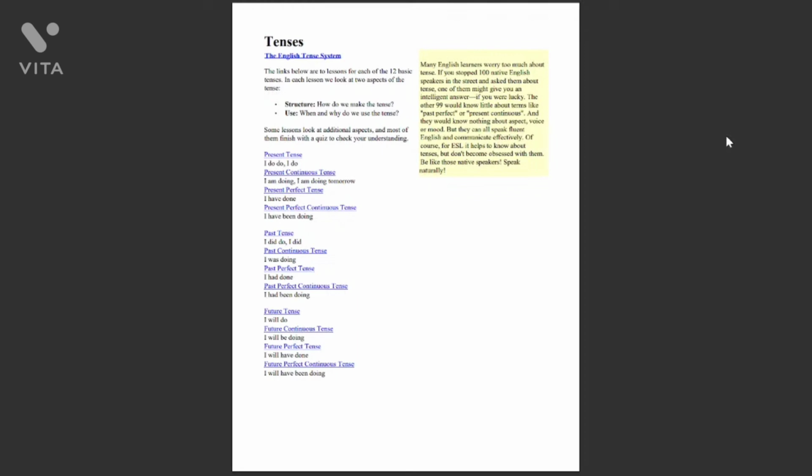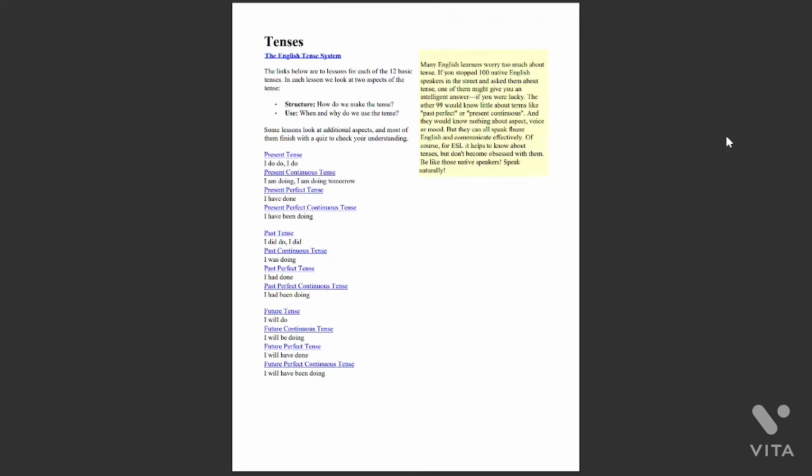Past perfect continuous tense, I had been doing. If you notice, in the present tense we said I have been doing, and in the past tense have or has changes to had: I had been doing. It might be a little confusing, but if you focus on it, you'll definitely get my point.